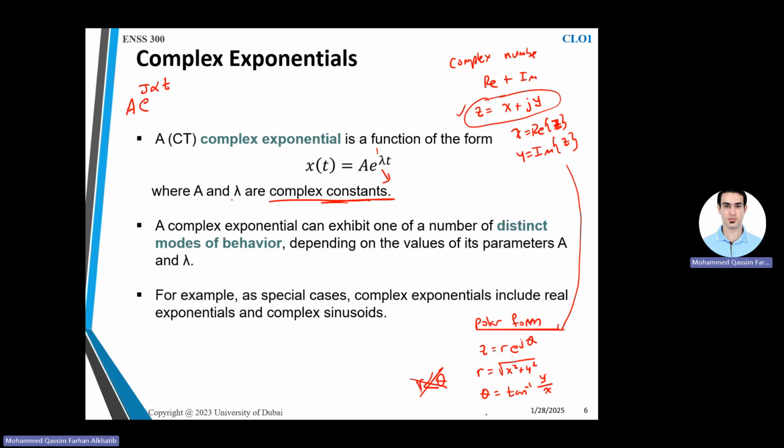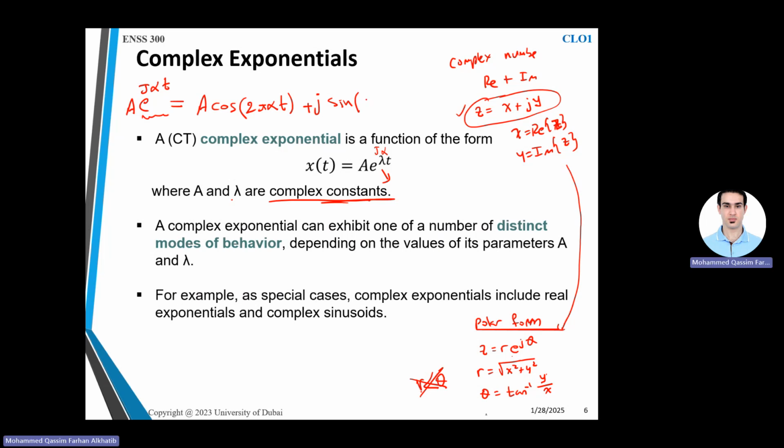Now, have you heard of Euler's identity? This exponential form could be decomposed into a combination of sinusoidals. So it's going to be cosine alpha t plus j sine alpha t.